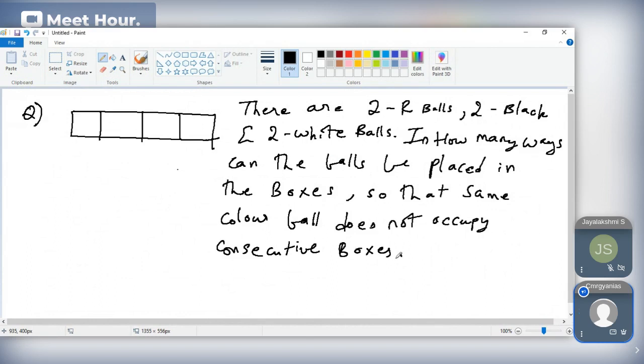Try to solve this right now. It's a simple question.